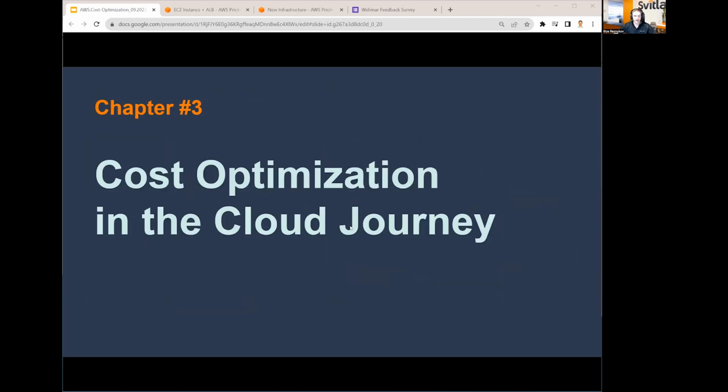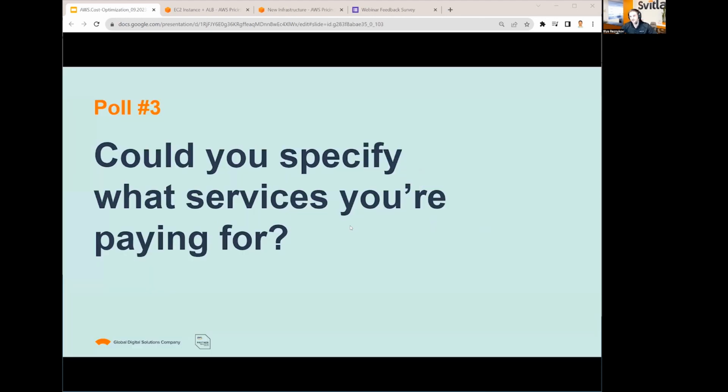Okay. Let me move to chapter 3. It's about cost optimization in the cloud journey. And as in the previous chapter, let me start with the question: could you specify what services you are paying for? The poll will contain 2 questions, so let me give you some time to answer these questions.